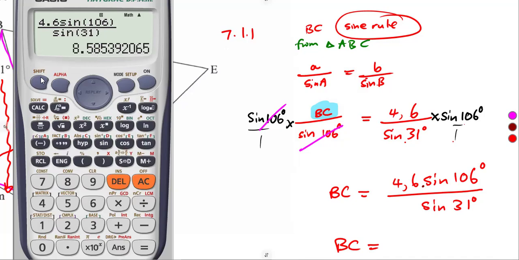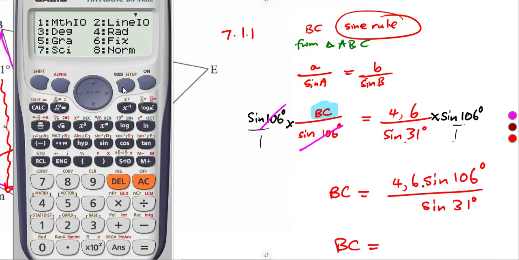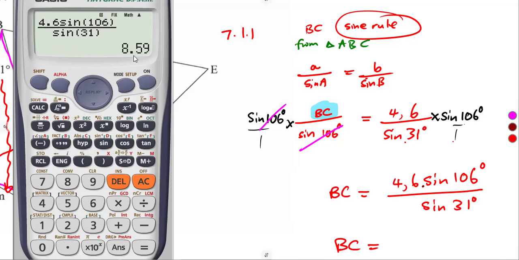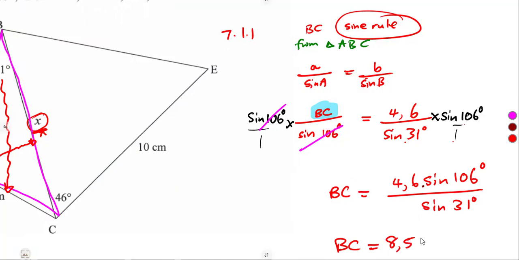We can also just use our calculator directly. Shift, go to the setup, then fix on number 6. To 2 decimal places, you press 2. So this is going to give your answer to 2 decimal places, which is 8,59. So that is how we get our length, using the same units as given before, in centimeters.